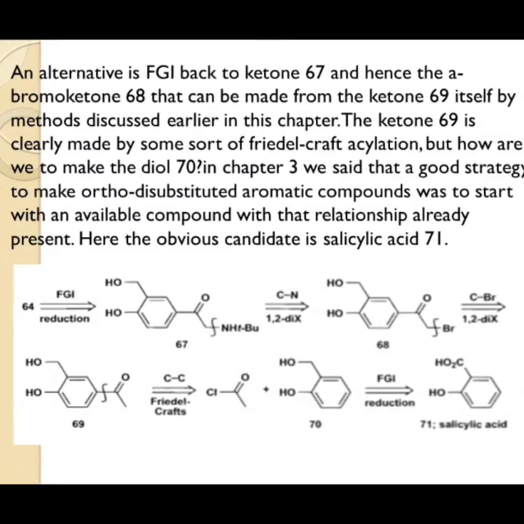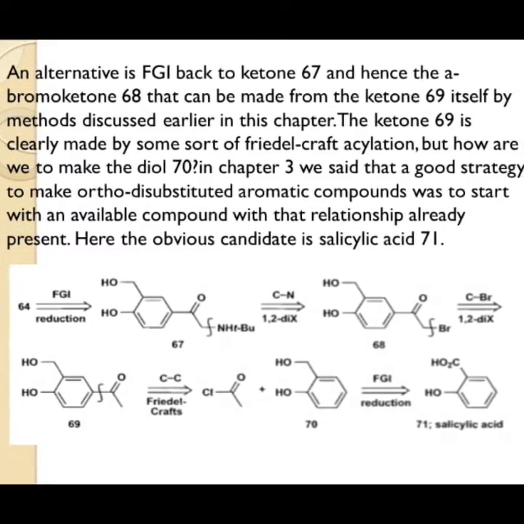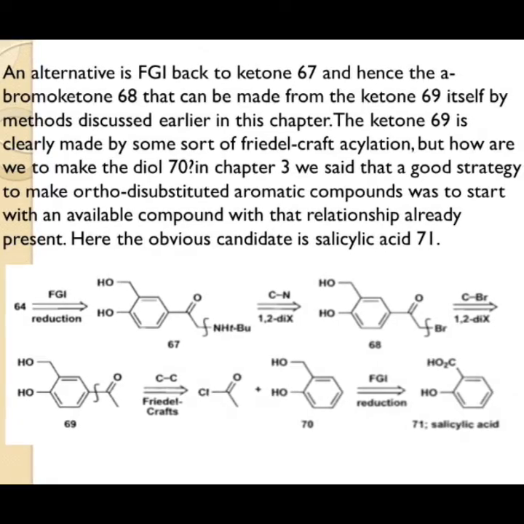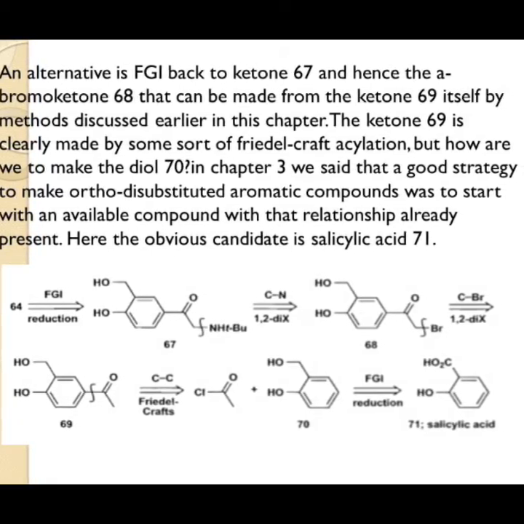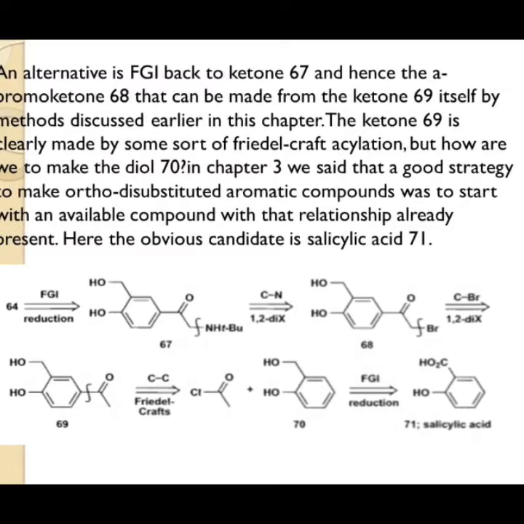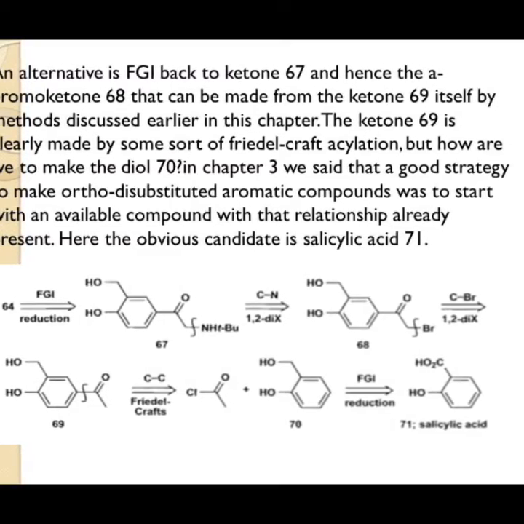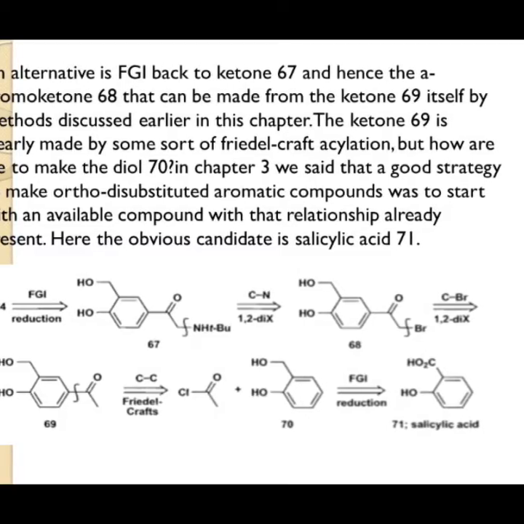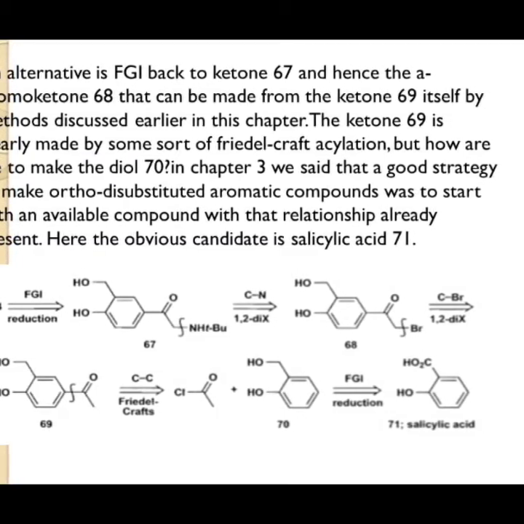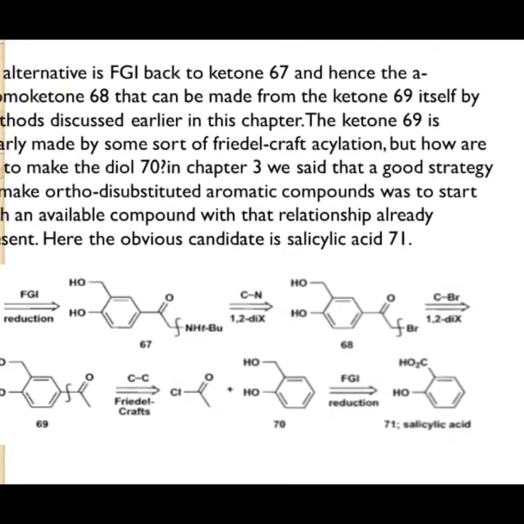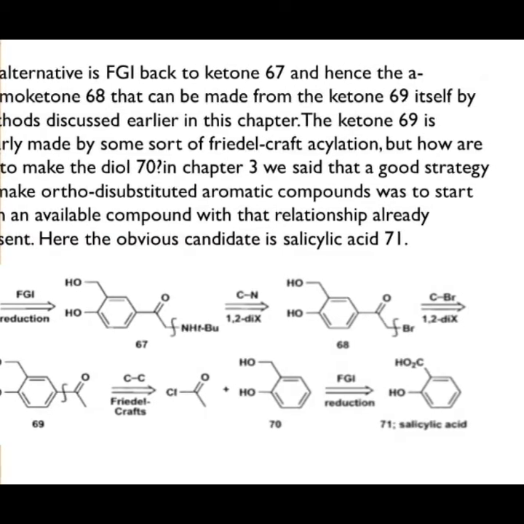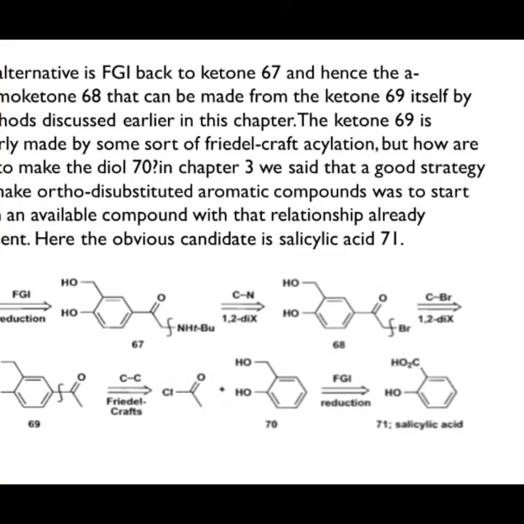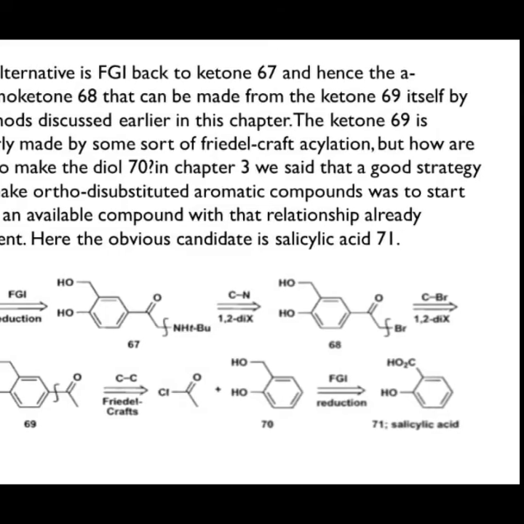The ketone 69 is clearly made by some sort of Friedel-Crafts acylation, but how are we to make the diol 70? In Chapter 3 we said that a good strategy to make ortho-disubstituted aromatic compounds was to start with an available compound with that relationship already present. Here the obvious candidate is salicylic acid 71.